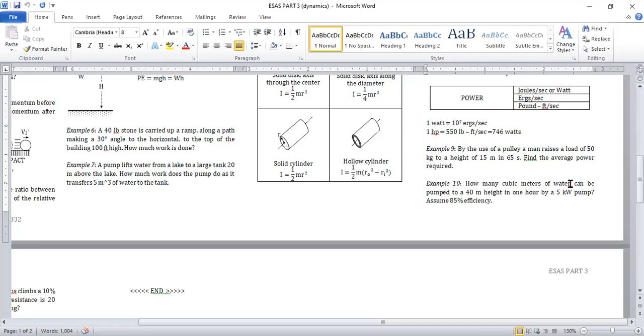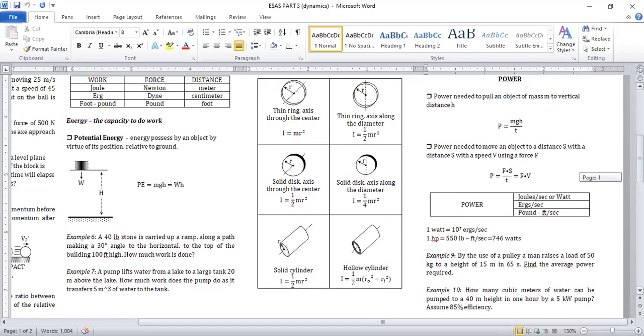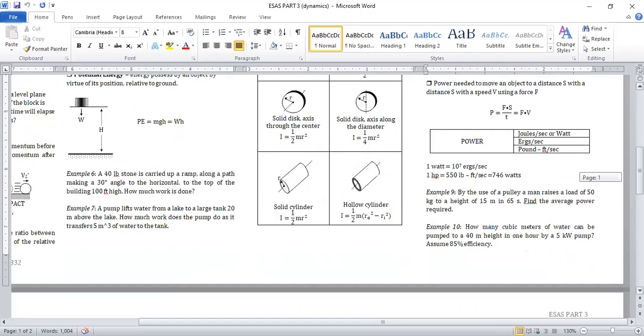So the question is how many cubic meters can be pumped to a height of 40 meters if the motor has a power capacity of 5 kilowatts, assuming the efficiency is 85%.